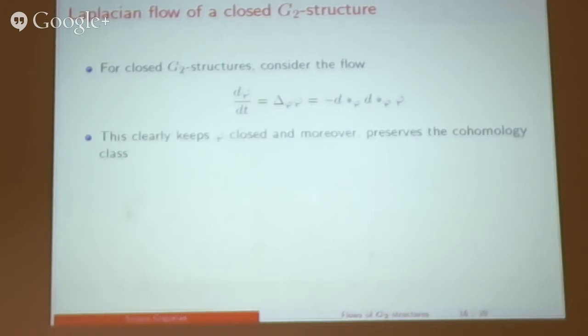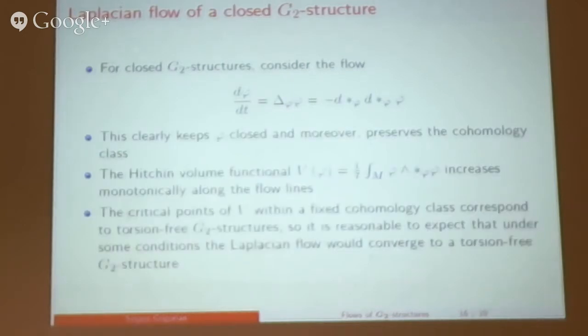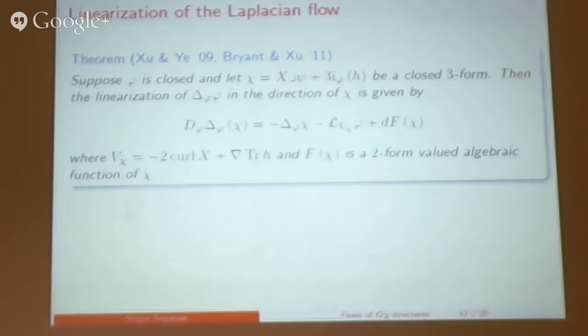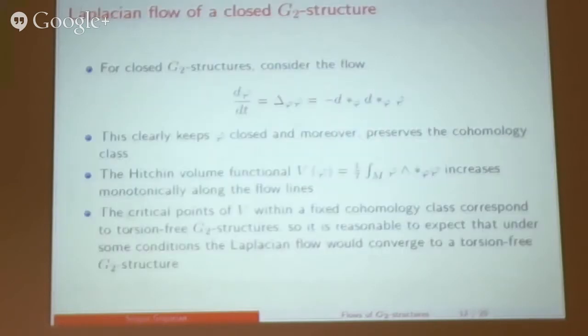Okay. So let me just skip this. I need to define what the flow is. So the Laplacian flow for the G2 structure is just d phi by dt equal to the Laplacian of phi.